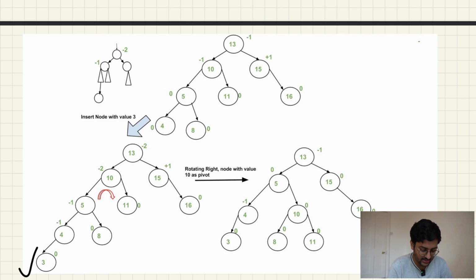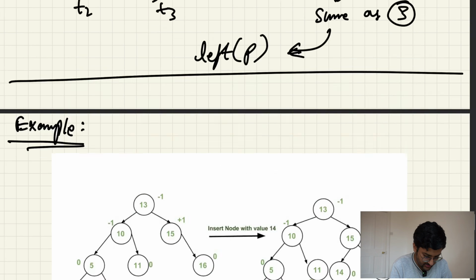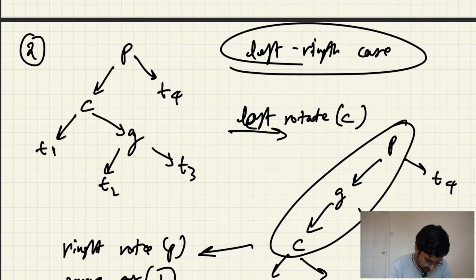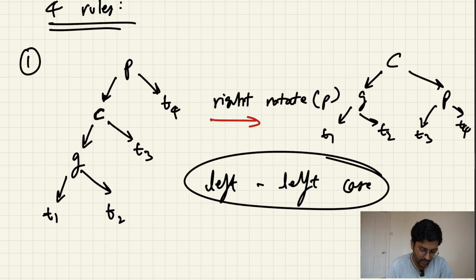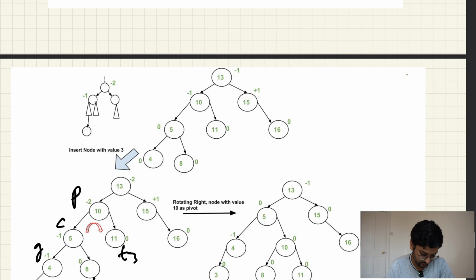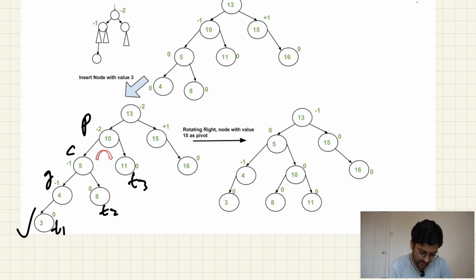This is actually the same case that we had previously. So this is parent, child, grandchild, tree 1, tree 2, tree 3, tree 4. What is this case? Right rotate. Right rotate on 10. Done. Fixed.